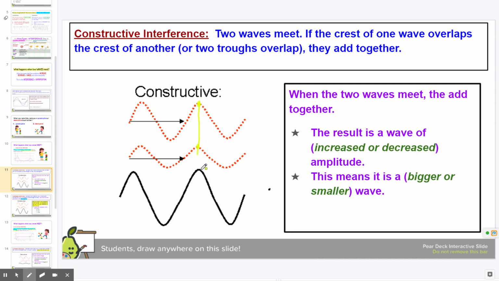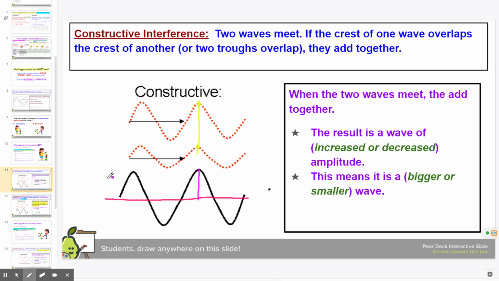they overlap and they combine, they're going to produce a new wave. And that new wave is going to have an amplitude that is even greater than the amplitude of wave 1 and 2.